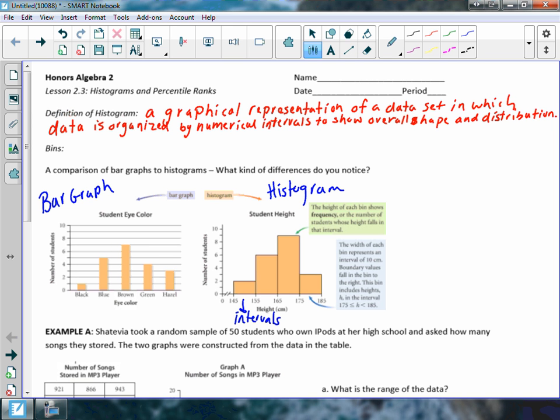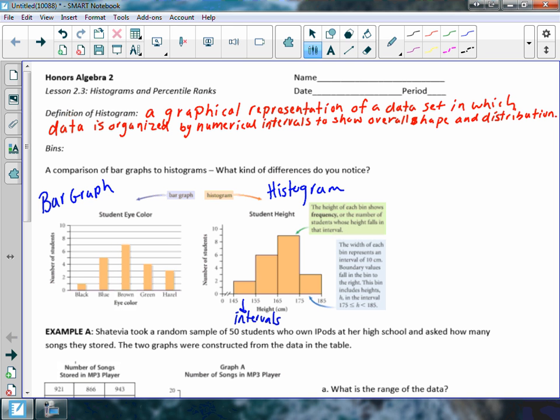So histograms can only be numerical, while bar graphs is probably what you studied when you were younger, and in lower grades you would do surveys, you know, what's your favorite food, and pizza, and that's not numerical. But histograms can only show intervals of numerical data.